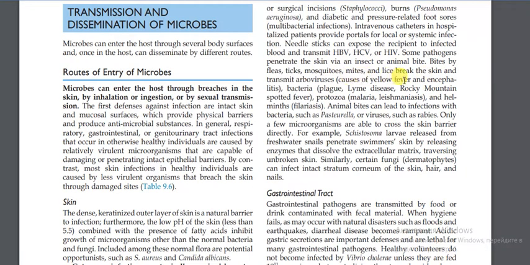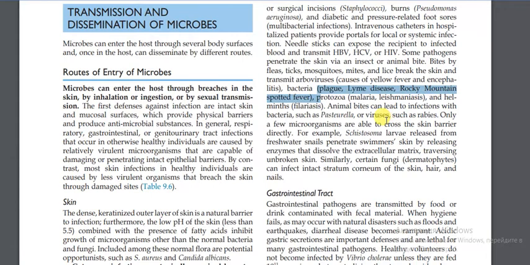They can cause yellow fever, encephalitis, plague, Lyme disease, Rocky Mountain spotted fever, protozoa like malaria, leishmaniasis, and helminths like filariasis. Animal bites can lead to infections with bacteria such as Pasteurella or viruses such as rabies.